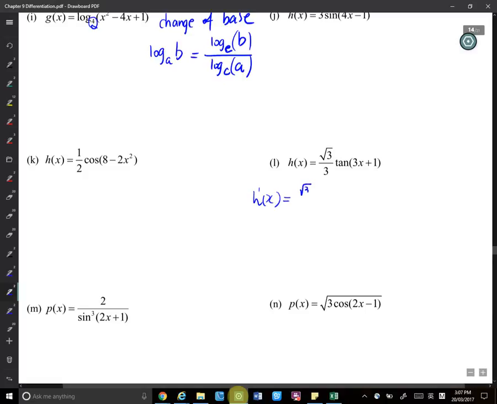The constant will still be there, and you derive the things in the bracket: 3x plus 1 gives you 3, times tangent becoming secant squared, and you keep whatever you had in the bracket before. So h dash x gives you root 3 times 3 secant squared of 3x plus 1.